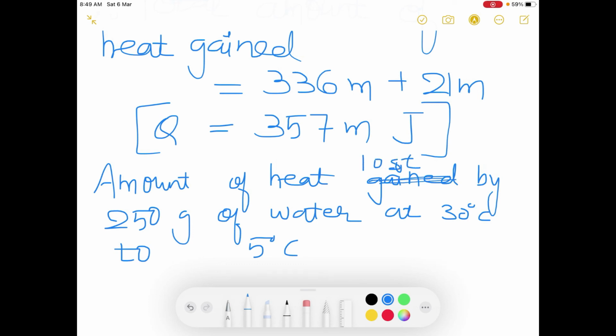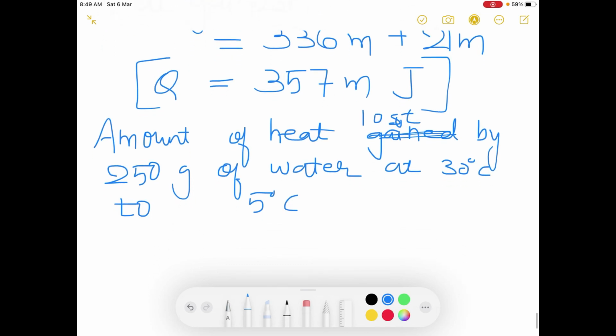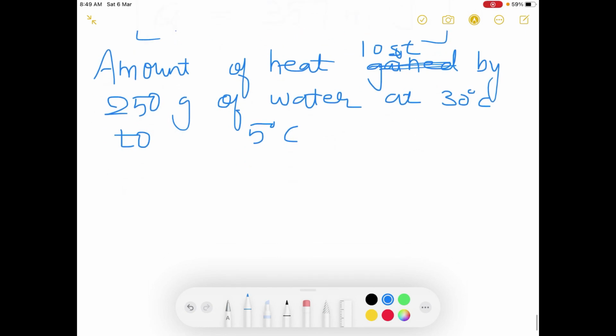So amount of heat lost by 250 gram of water at 30 degree Celsius to 5 degree Celsius. mc delta t થી મળશે.